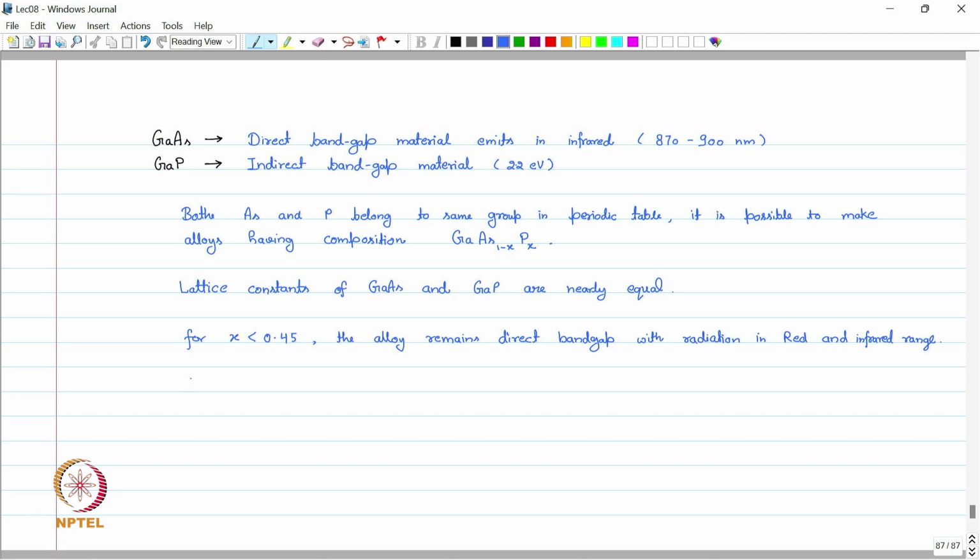However, if we increase the composition of phosphorus, it means X is greater than 0.45, the alloy becomes indirect band gap.